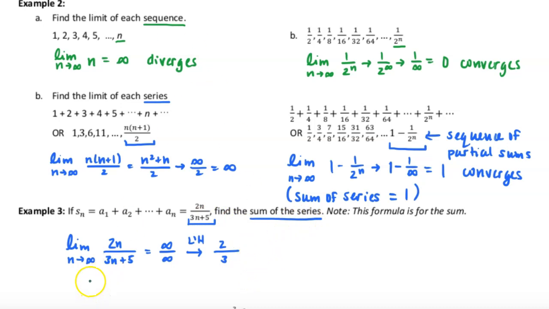Or I could do the shortcut way, and I could say because the degree of the numerator is equal to the degree of the denominator, my limit is just the fraction of leading coefficients. And so my limit is just 2/3. So however you want to find this limit, I found that because I have a finite limit, the sum of the series is equal to 2/3.